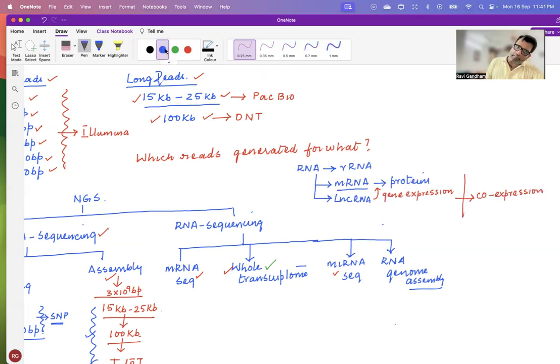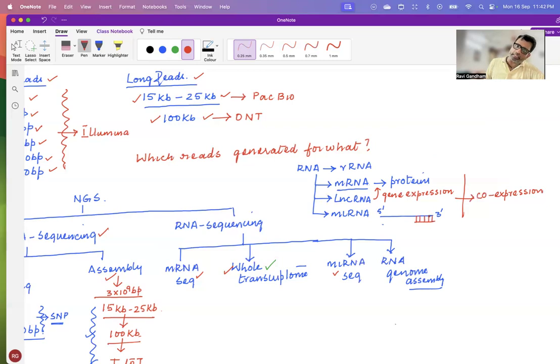Then we have microRNA. This microRNA, normally they bind to the 3' UTR of your transcript. For example, if this is your transcript, 5' to 3', this miRNA binds to the 3' UTR of your transcript.